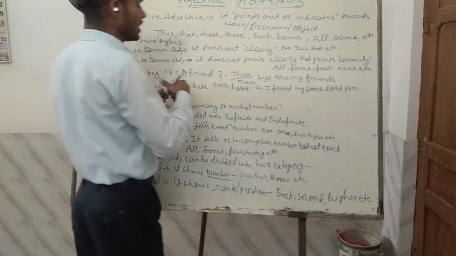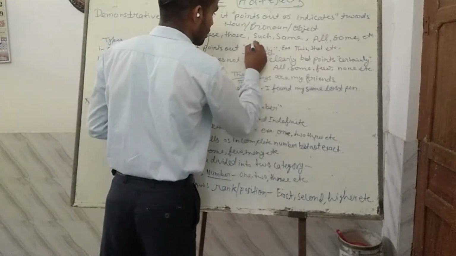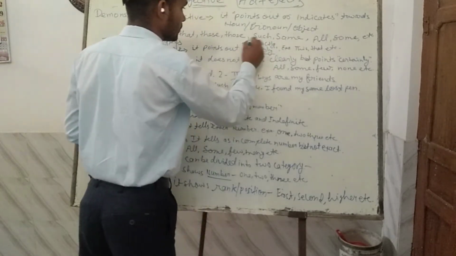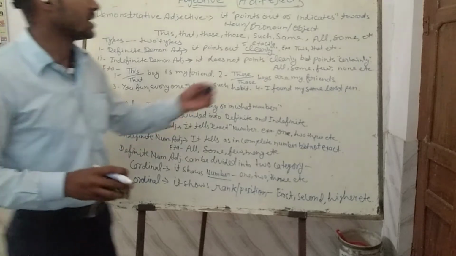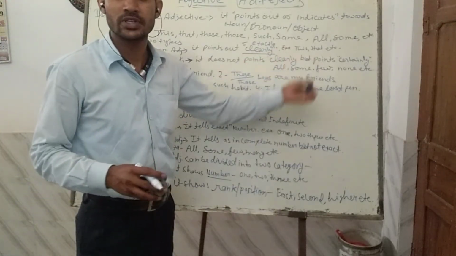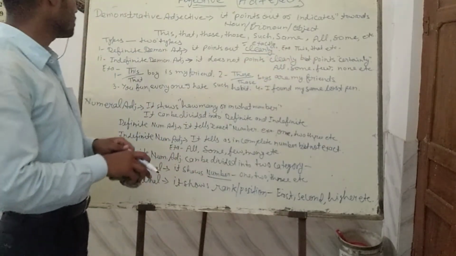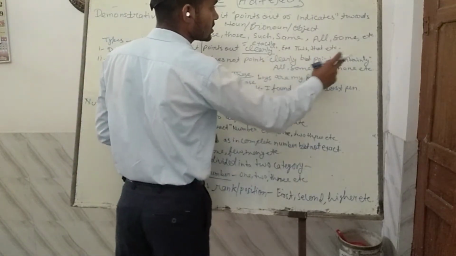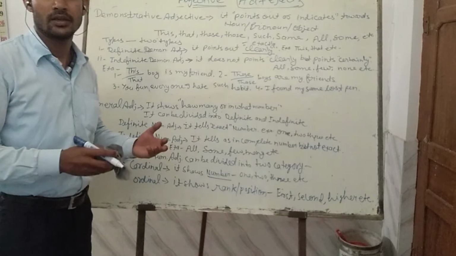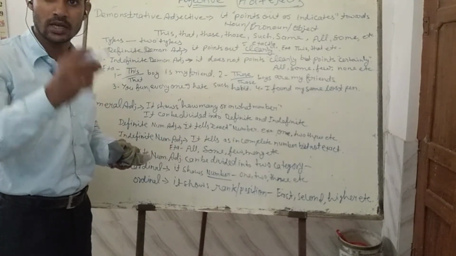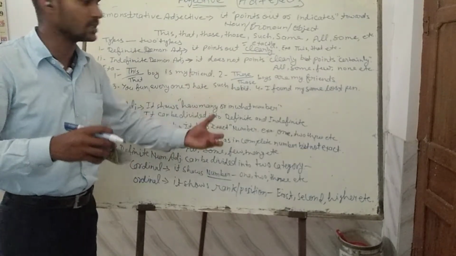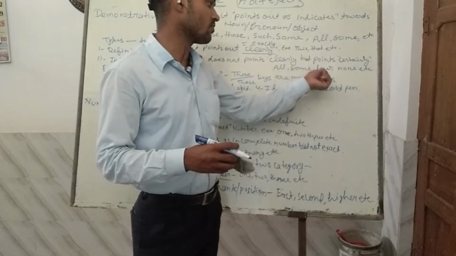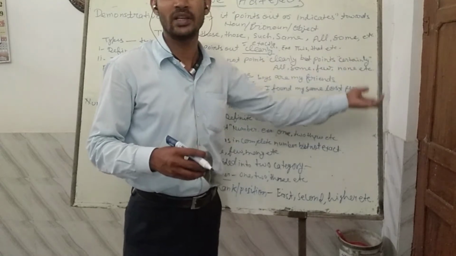Definite demonstrative adjective points out clearly, or you can say exactly, by using the words this, that, these, those, etc. But indefinite demonstrative adjective does not point out clearly or exactly, but points in a certain way. It does not tell the clear number. Examples of indefinite demonstrative adjective are all, some, few, none, no, no one, etc.